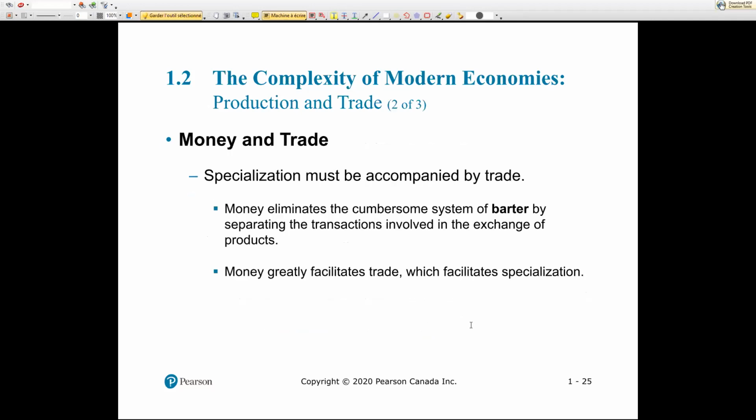Money and trade. Specialization must be accompanied by trade, of course, because if I specialize in producing only shoes, then I have to be able to exchange my shoes for food. Otherwise, I'm going to starve to death. And we do that with money.